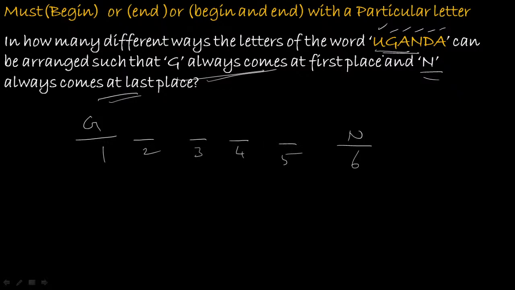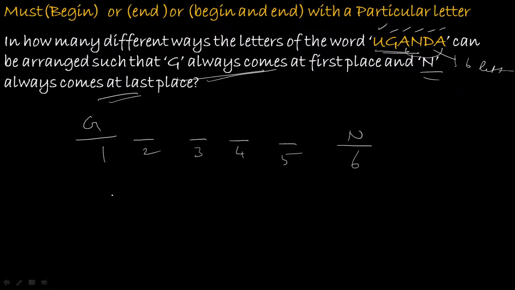Here the total number of letters is 6. When G occupies the first place and N occupies the last place, A repeats. In the word Uganda, A repeats more than once, that is 2 times. So in the central position we have 4 letters.